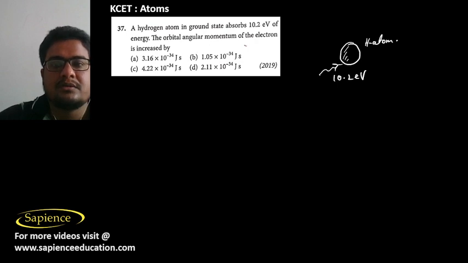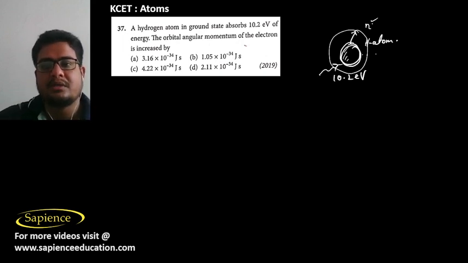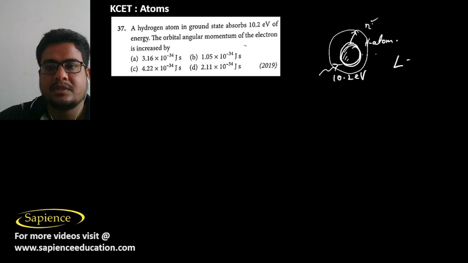It means that the electron will be excited to some orbit n from its ground state. Then the orbital angular momentum is given as nh by 2 pi.